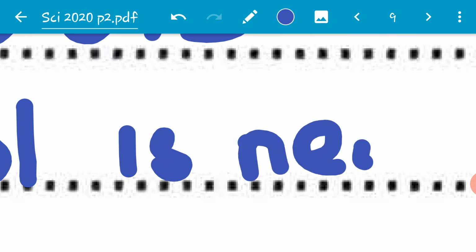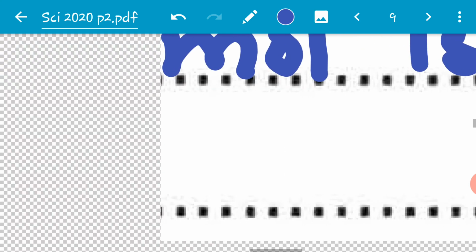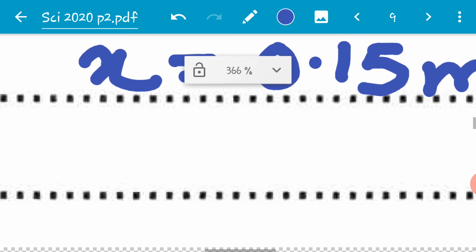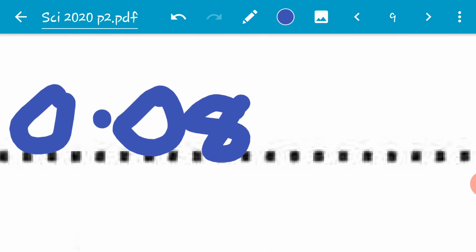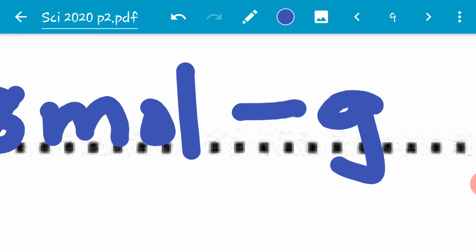So the 0.15 is what is needed, and the 0.08 moles is what we've been given.